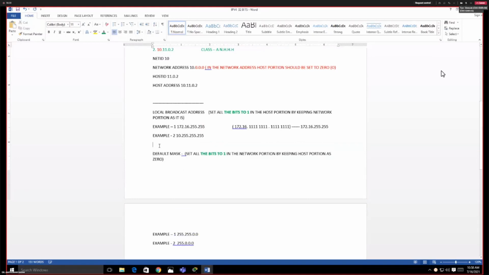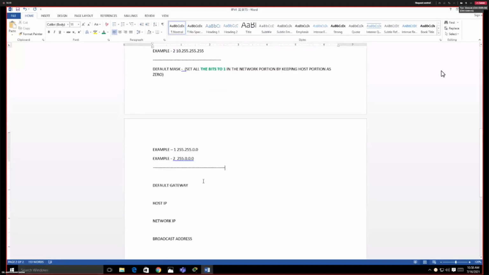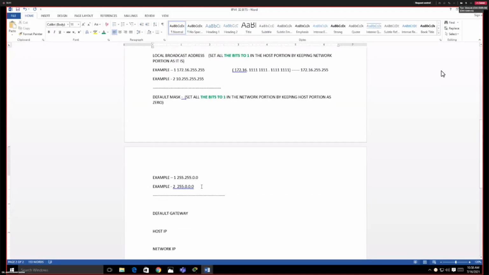For class A, class B and class C, can I write some generalized value of the default mask? For a class A IP address, the default mask value will be 255.0.0.0. If it is a class B IP address, the default mask value will be 255.255.0.0.